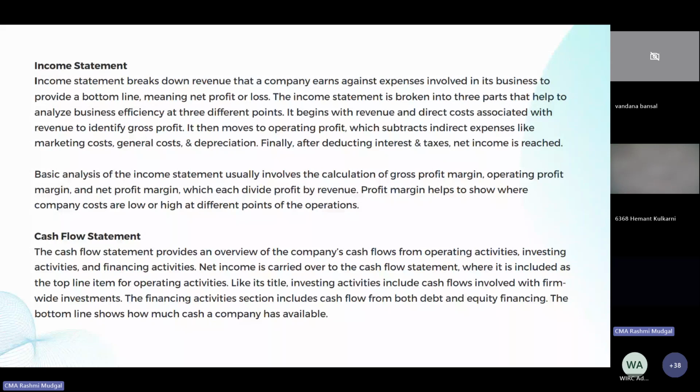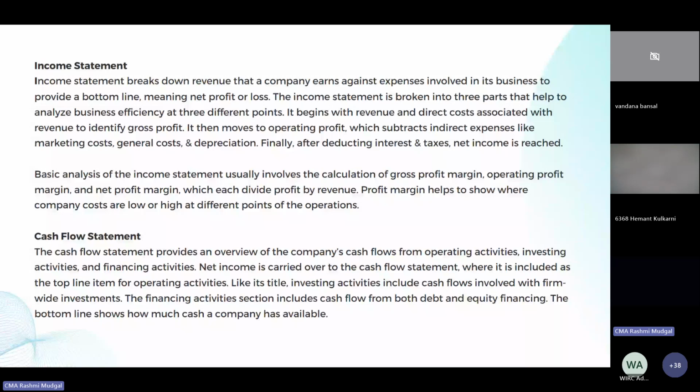Cash flow statement. The cash flow statement provides an overview of the company's cash flow from operating activities, investing activities, and financing activities. Net income is carried over to the cash flow statement, where it is included as the top line of the operating activities.